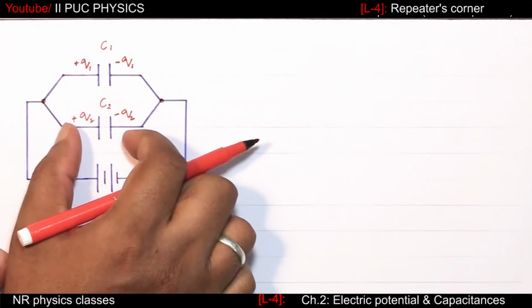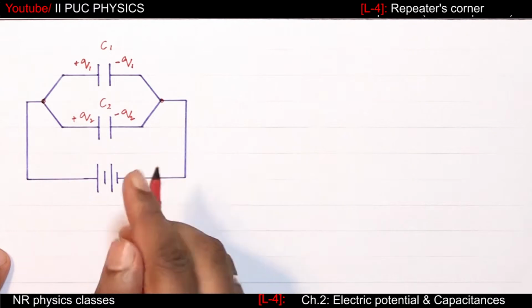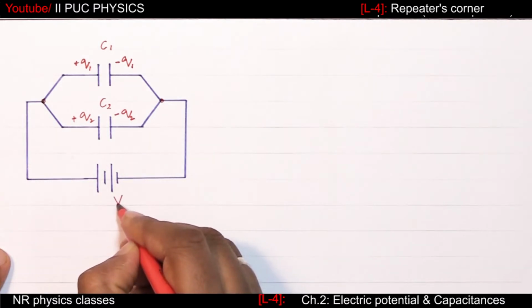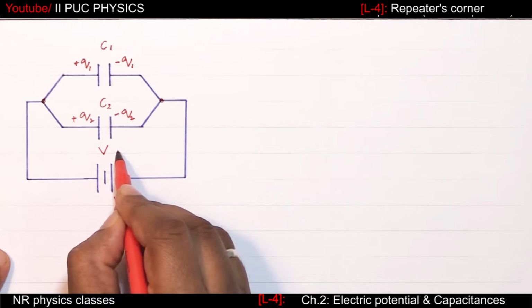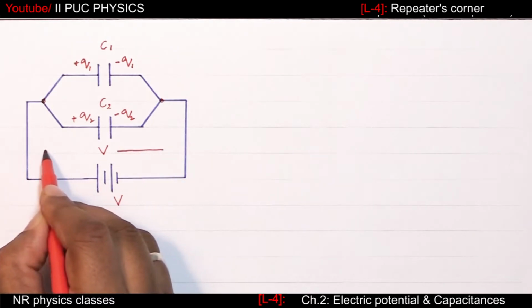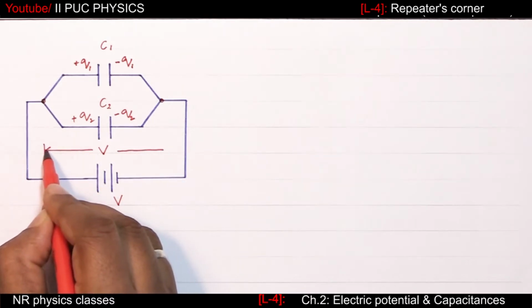Since these two are in parallel connected across this, if V is the potential difference, here also V is the potential difference. V is potential difference across the capacitors.